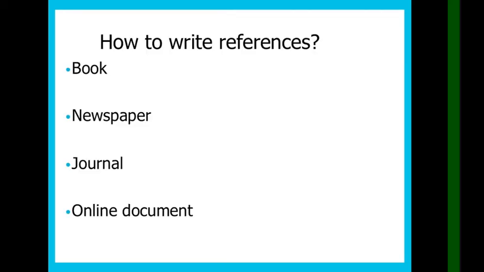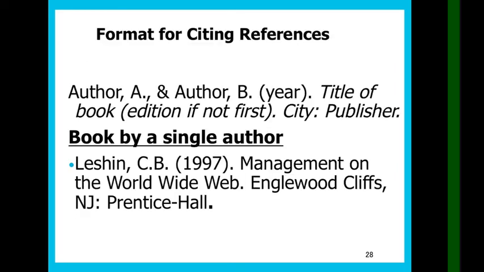Now, how to write references using books, newspaper, journal, and online documents. So, I give you samples. Format for citing references. For books, we have first the author name, and then the year, and then the title of the book, edition if not first, then city, and then the publisher.